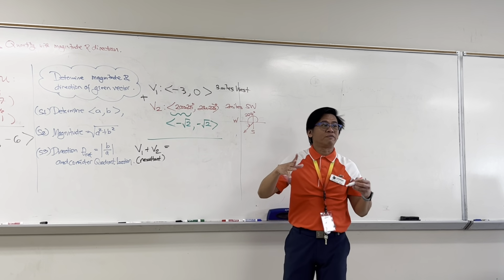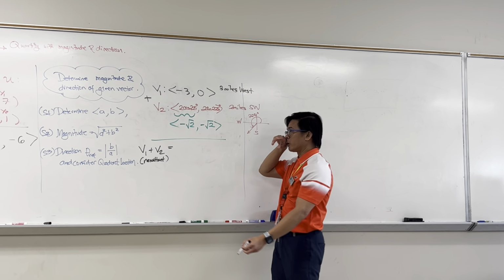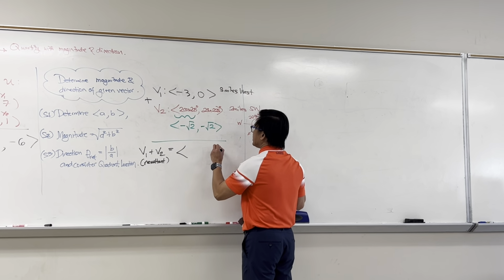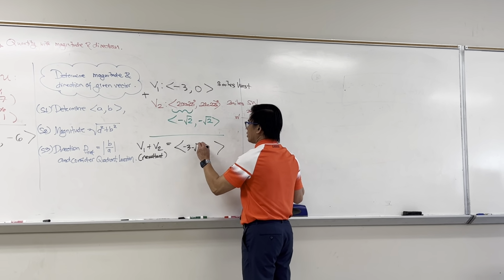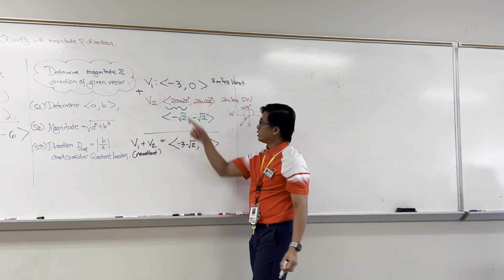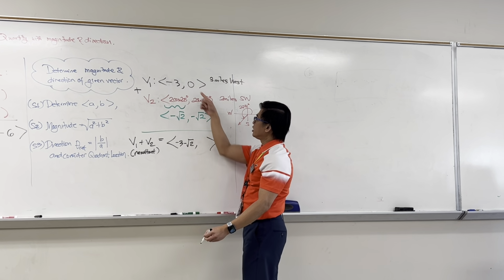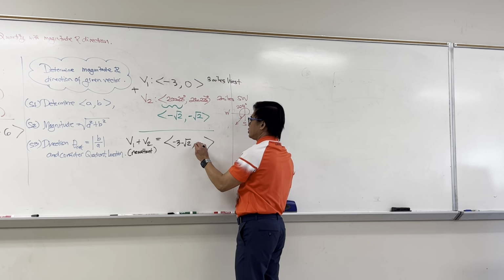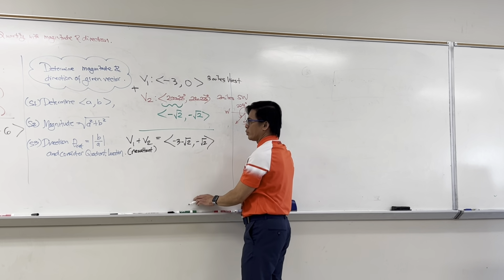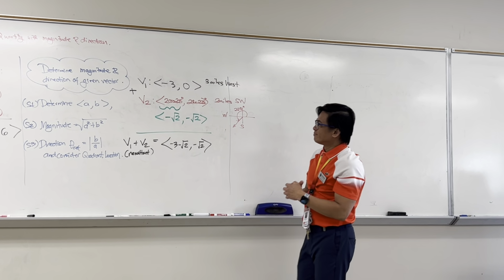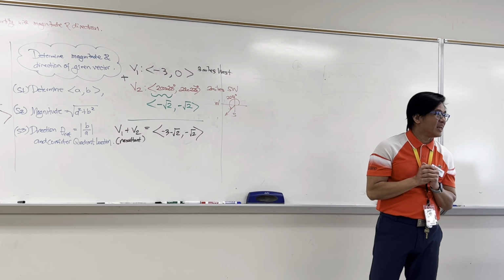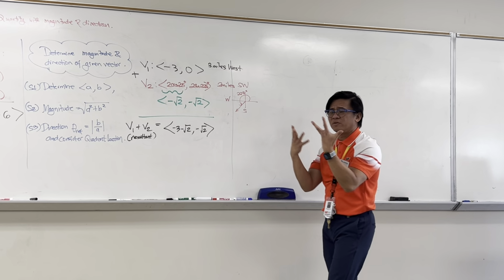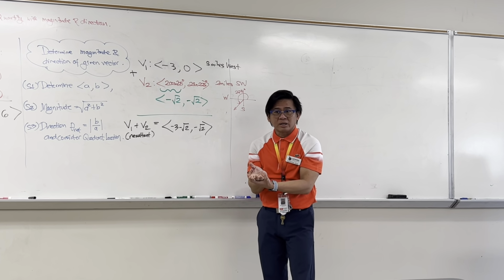The result of adding two vectors is called the resultant vector. And how much is this gonna be? -3 minus square root of 2 for the x component. And this will just be 0 minus square root of 2, basically negative square root of 2.